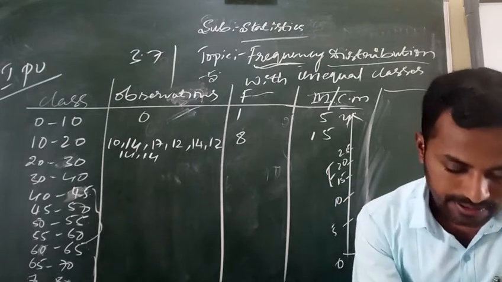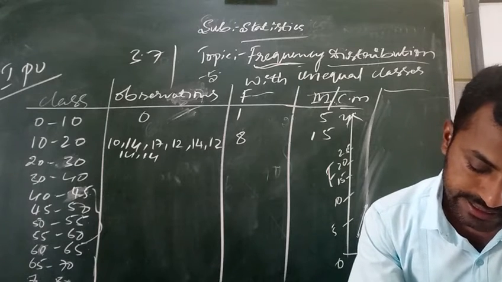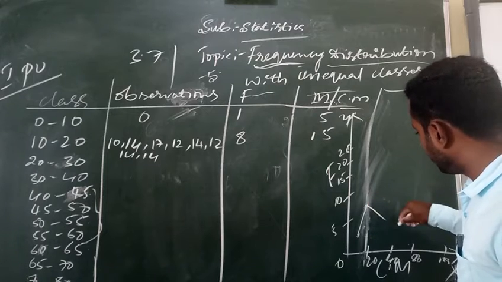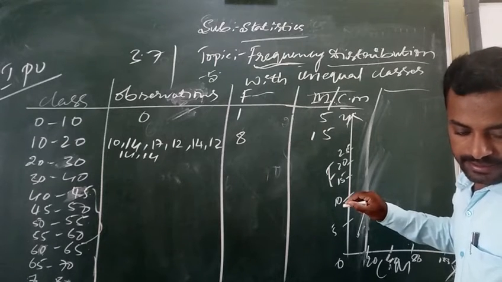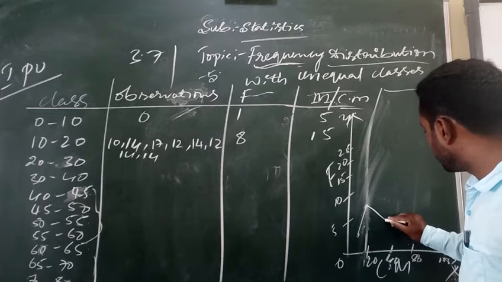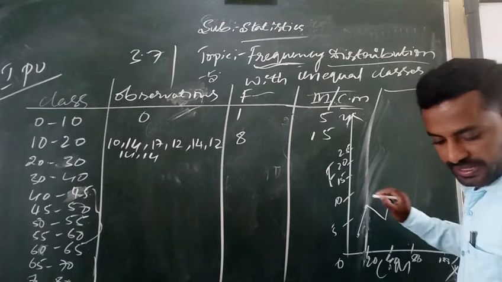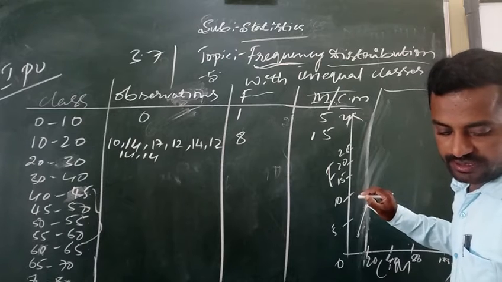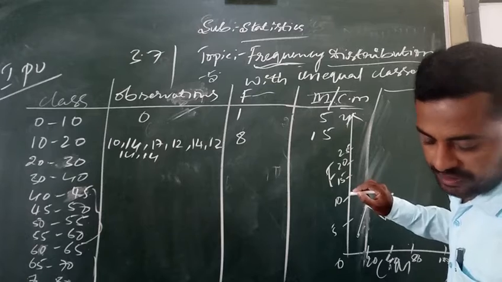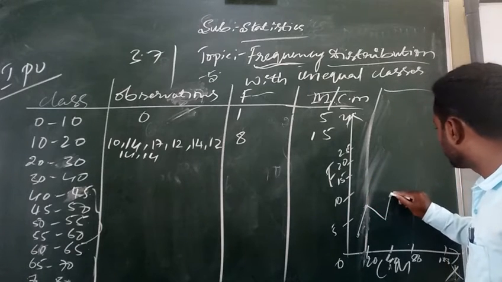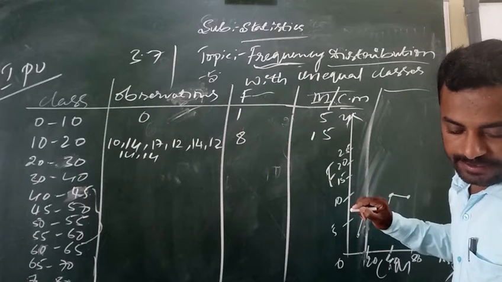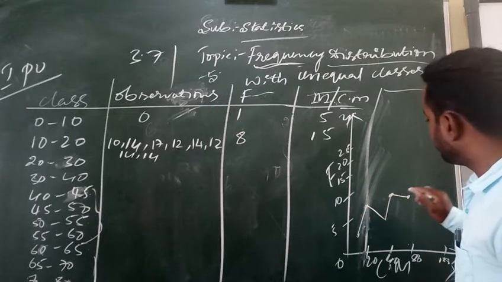Then another one is 6, 25, then 7, 35, then 42.5, then 12, 47.5.